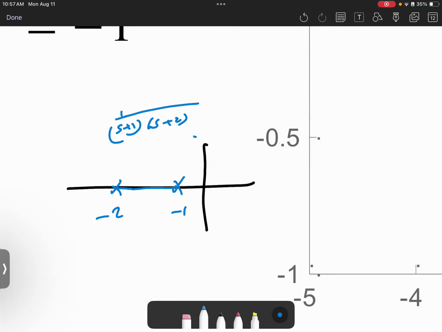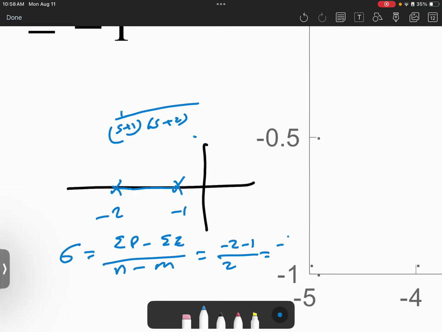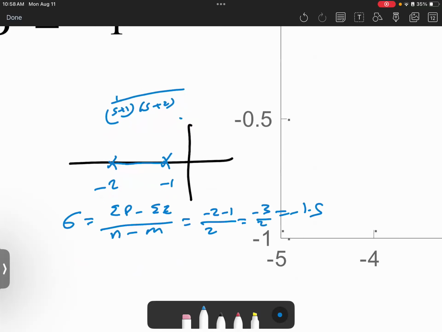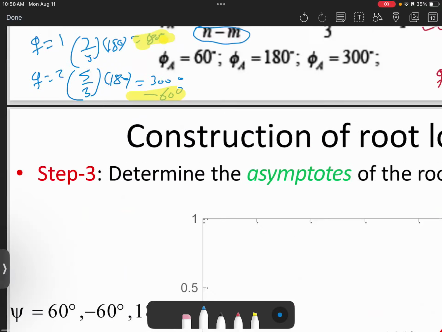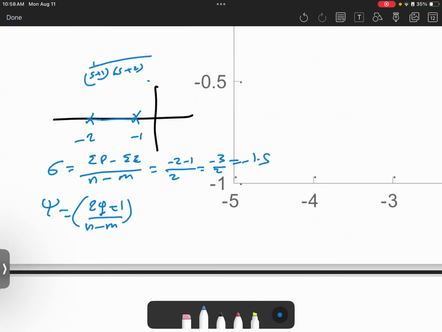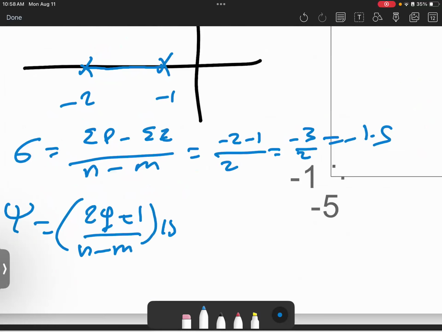So the first thing is to determine sigma, which is the sum of poles minus sum of zeros, over number of poles minus number of zeros. So which will be (-2 and -1) divided by 2, which will be -3 divided by 2, which is -1/2. This is sigma: minus 1/2. How about the angle psi, which is basically (2q plus 1) divided by (n minus m), poles minus zeros, times 180.